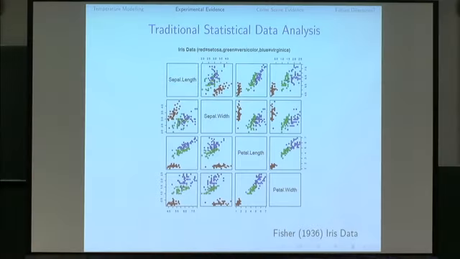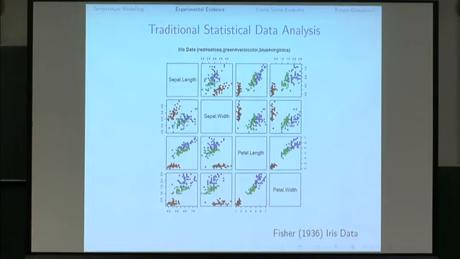Here's the very traditional Fisher iris data from 1936, with three different types of iris, well separated using various combinations of the four measurements of sepal length, sepal width, petal length, and petal width. That is a nice example of where using a vector of observations, in this case four, allows you to do something with your data.